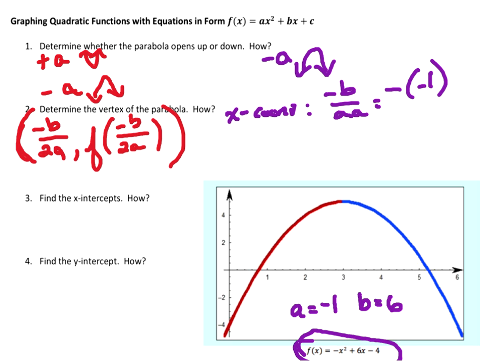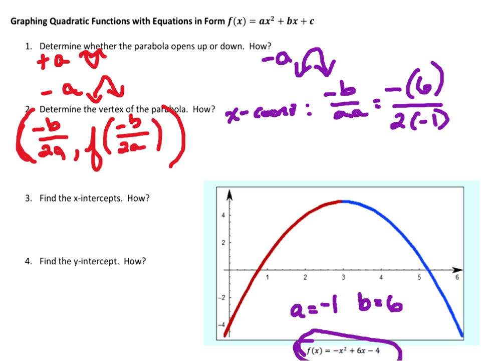Ugh. I almost blamed it on a Monday, but I can't even blame it on that because it's Tuesday. It's been one of those days, though. Negative 6 over 2 times negative 1.